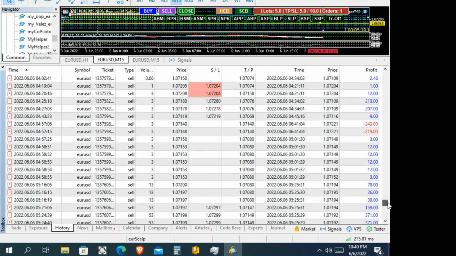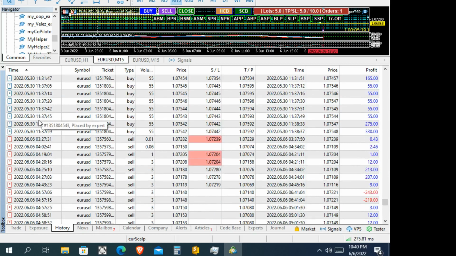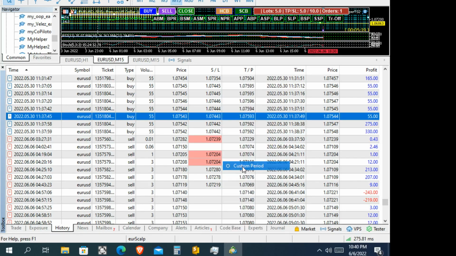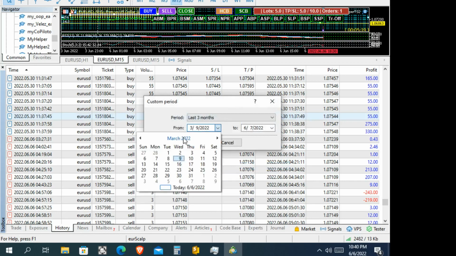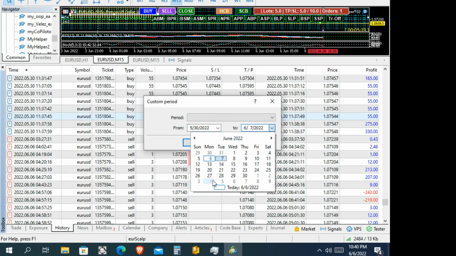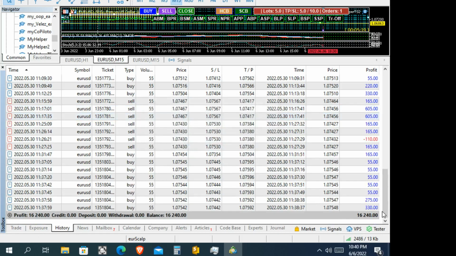From the 6th, okay, May 30 was the last day I traded before today. So let's take a look at how much I did on May 30. Custom period, May 30 to May 30. On that day, 16,000.